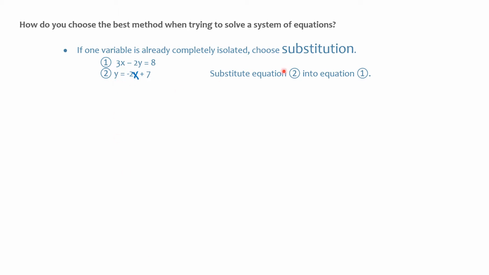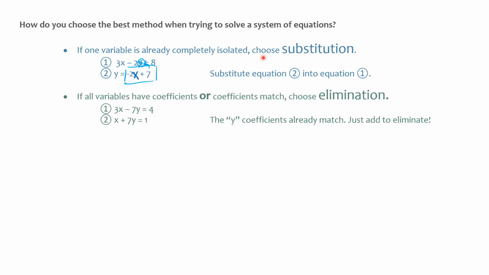It's very easy to use substitution here because I can take equation 2, and since this piece right here is equal to x, I can replace this x with this piece that was in the box. So substitution is easy there. I can put equation 2 right into equation 1. So that's how to know when you should use substitution, if you've got one variable already completely isolated.